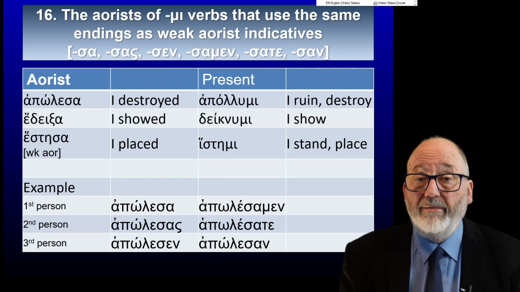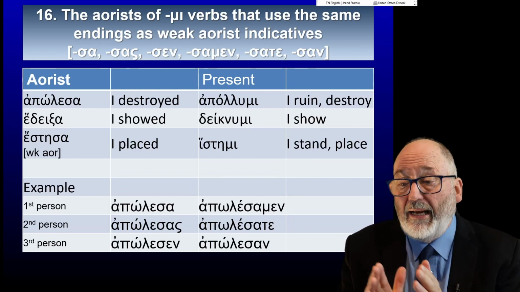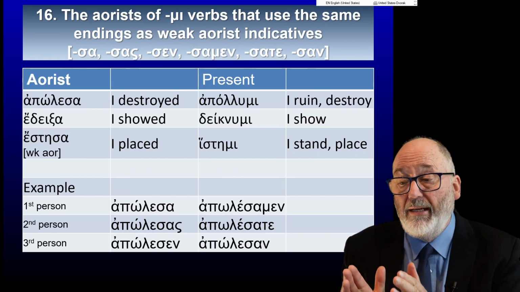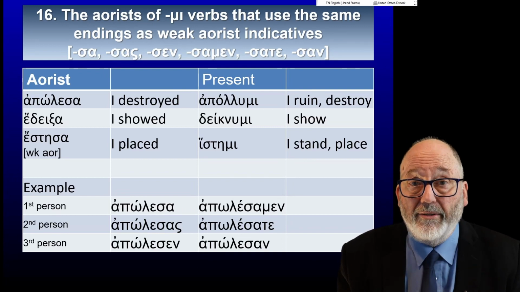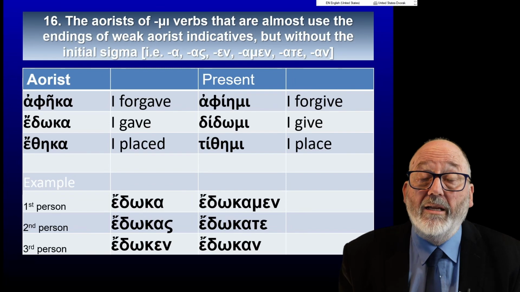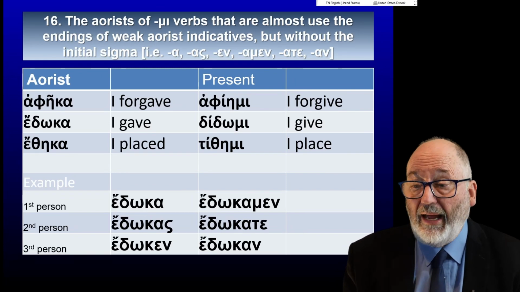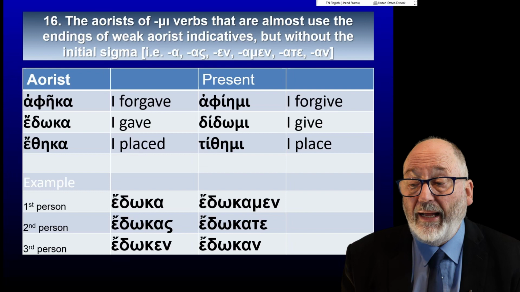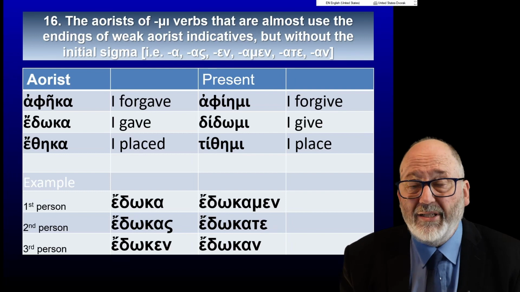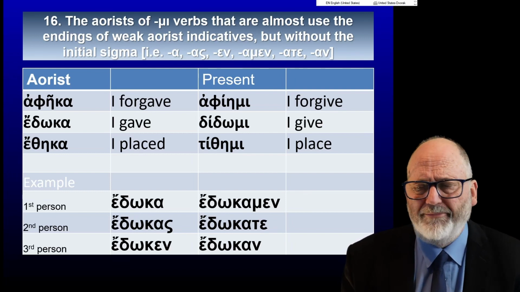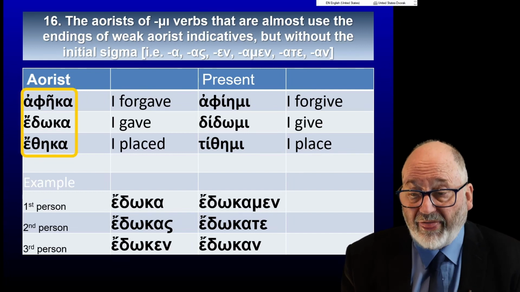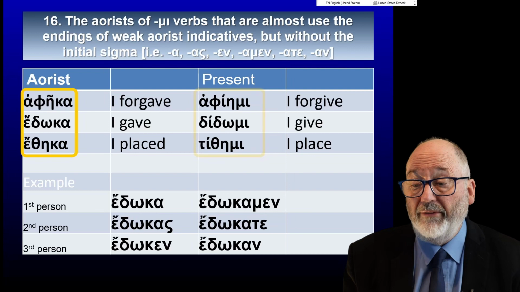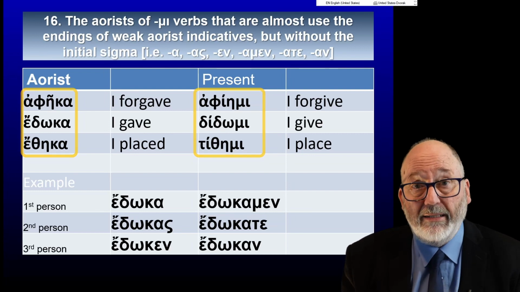All of those verbs use the full sa, sas, sen, samen, sate, san endings that we expect from the weak aorists. On the other hand, this set of verbs uses the a, as, en, amen, ate, an endings from the weak aorists, but they don't use the sigma. So there is aphēka, edōka, and ethēka, the aorist of aphiemi, didomi, and tithemi.